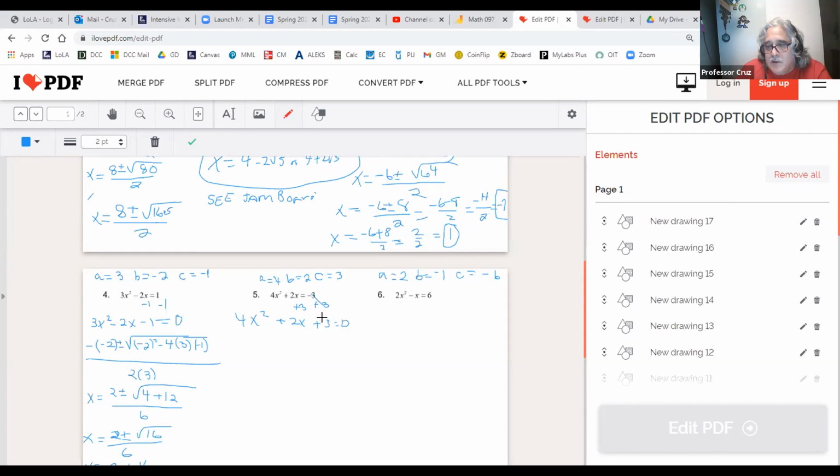So see, that's what this is based upon. A is equal to 4, B is equal to 2, C is equal to 3. Negative B plus or minus is what gives us our two solutions.